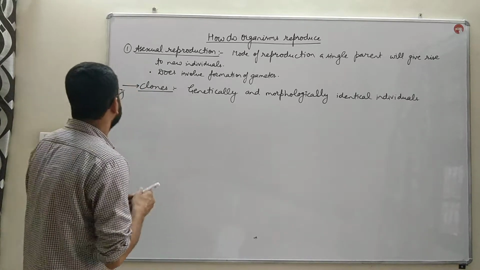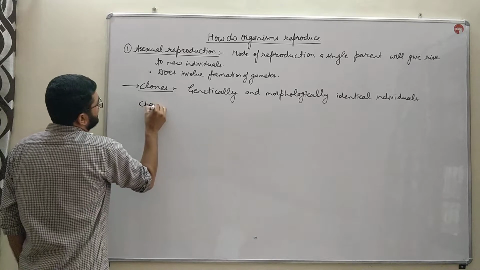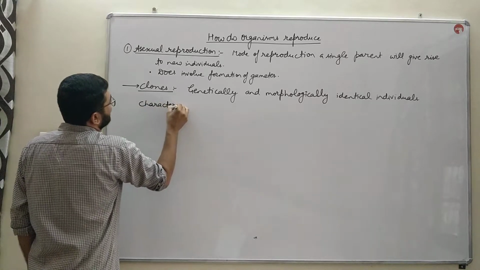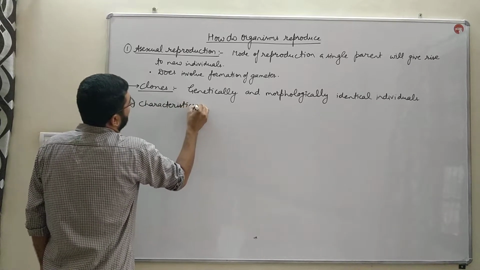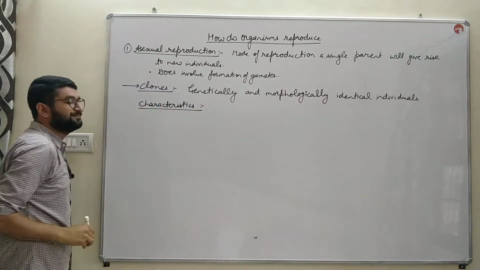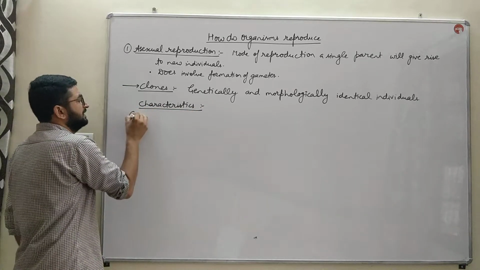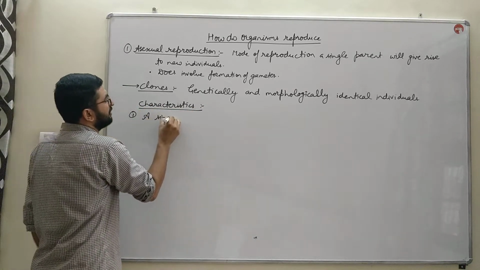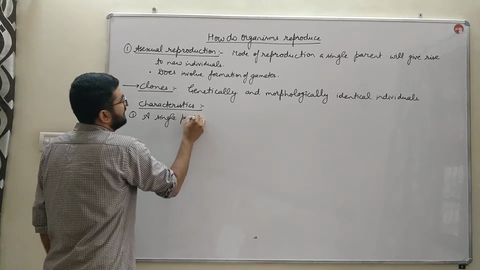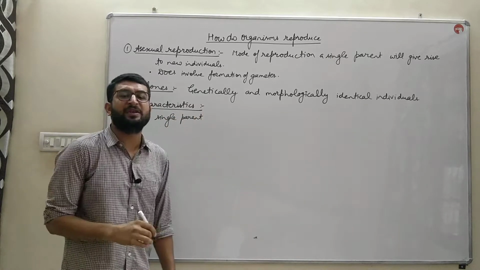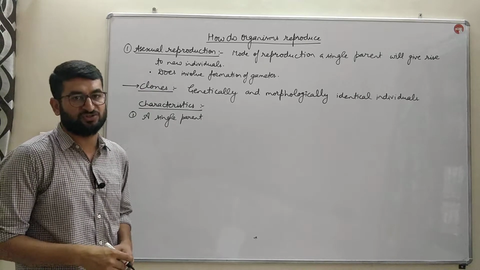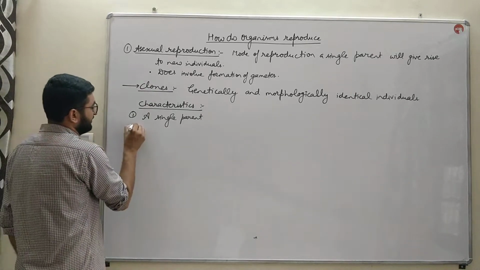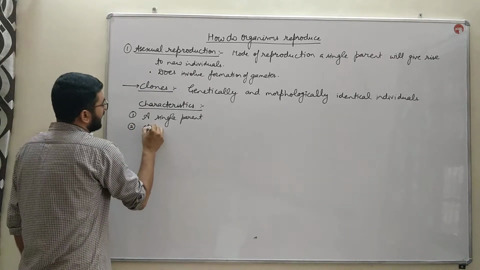Now we'll discuss what are the characteristics of asexual reproduction. The first one is a single parent is involved. In this mode of reproduction, one parent will give rise to the young ones. Second, clones are produced.